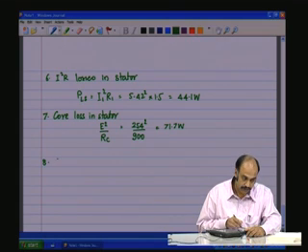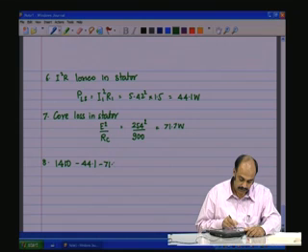The active power delivered to the line feeding the motor is 1410 minus 44.1 minus 71.7.